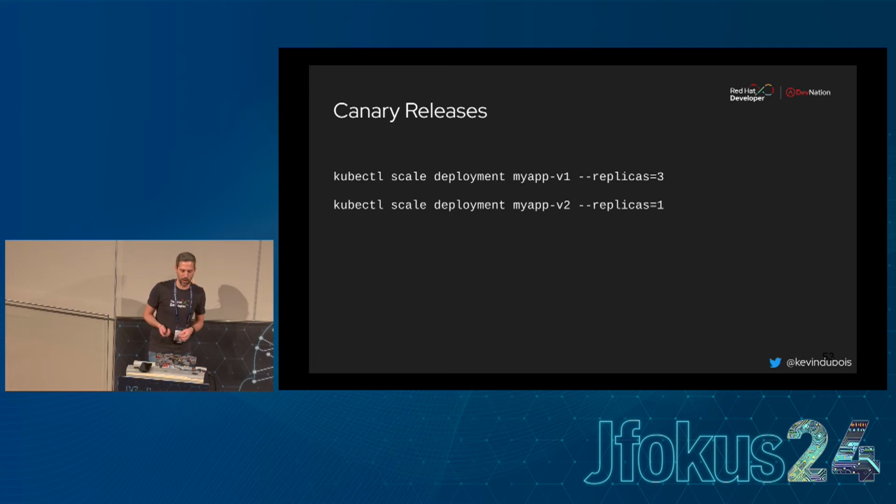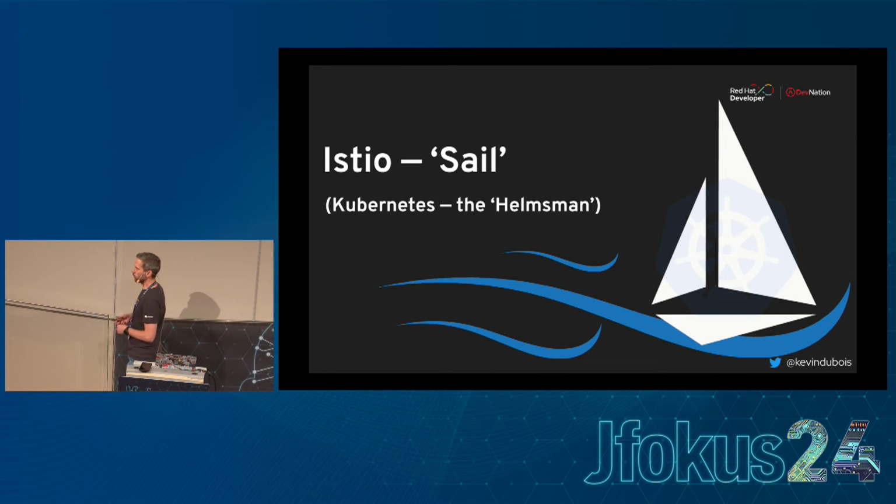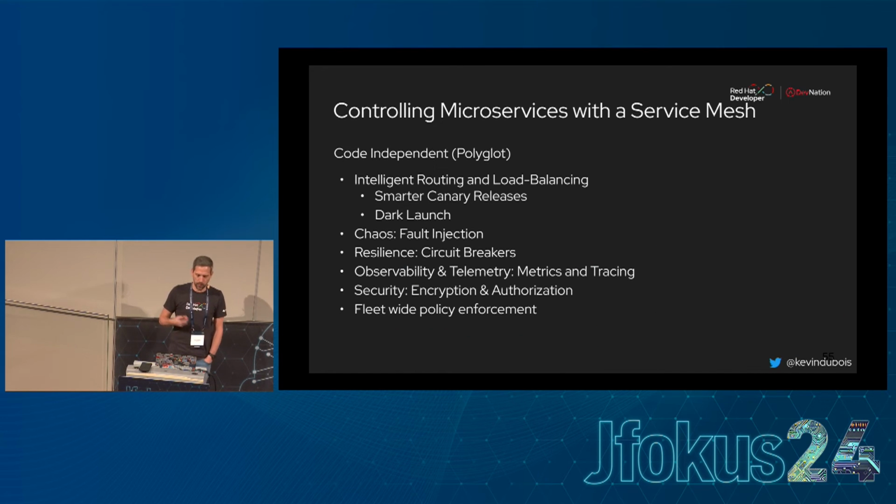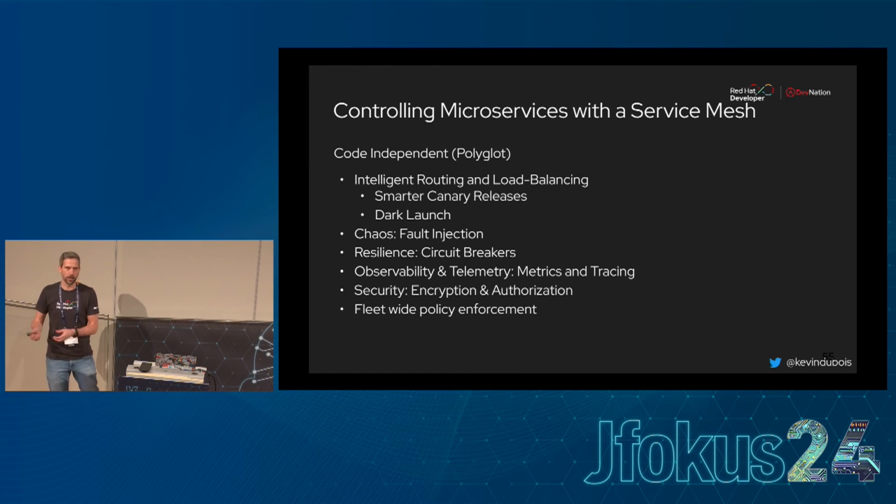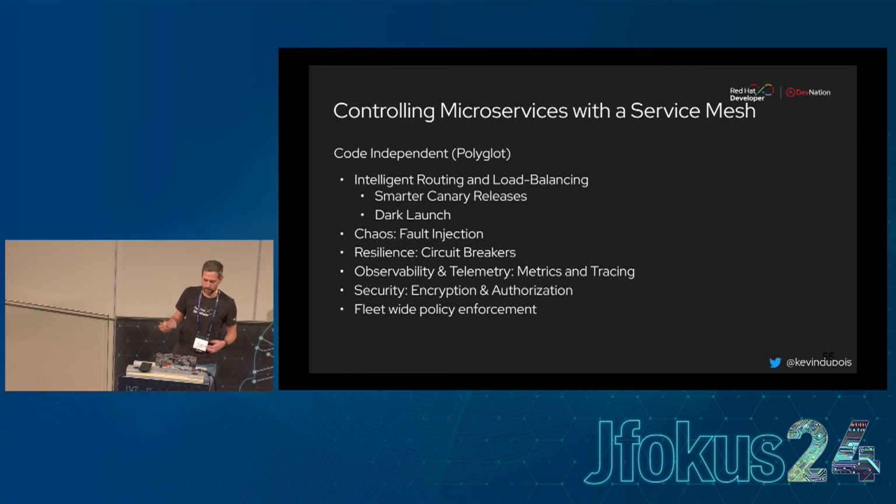But that's not really so ideal, right? You need some better way to route your traffic and roll out. There's a few different ways that you can do this. One example that I'll use in my demo is Istio, a service mesh. Service mesh allows you to do more intelligent routing and load balancing of particular components, particular microservices in your Kubernetes cluster.